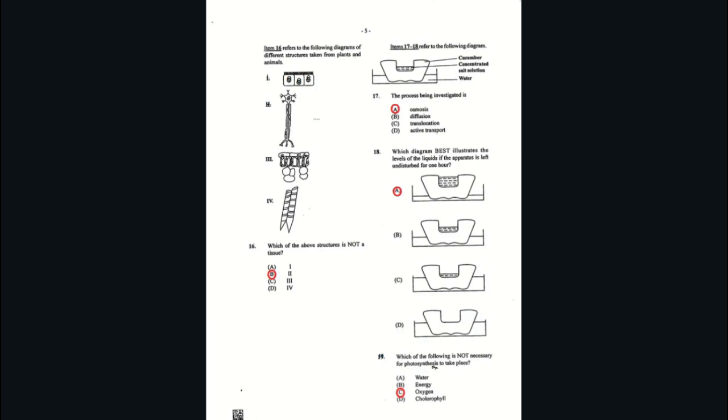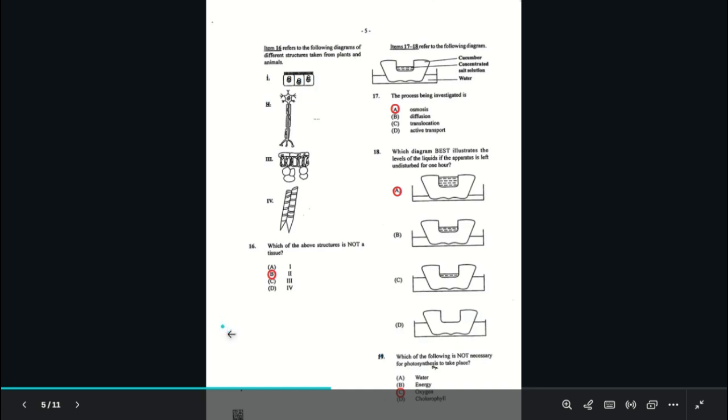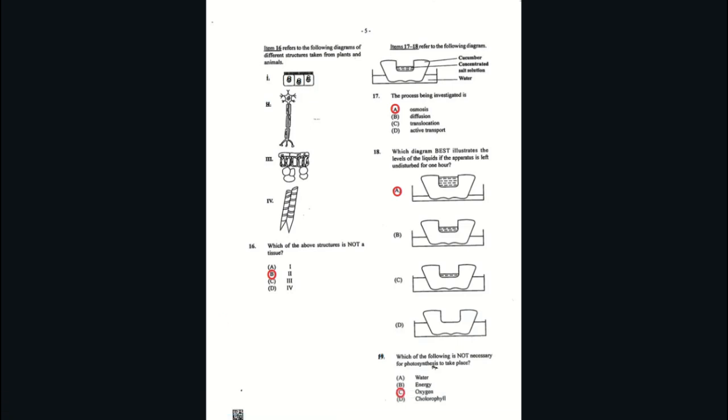So basically, which of the above structures is not a tissue? Let's just say you have no idea what 1, 2, 3, or 4 are. What you can do is remember this: cells make up tissues, right? And the question is asking which of the above is not a tissue. So if you want to use common sense and pick out the correct answer, okay, one has 1, 2, 3, so we know that we can call this a tissue because it's multiple cells here.